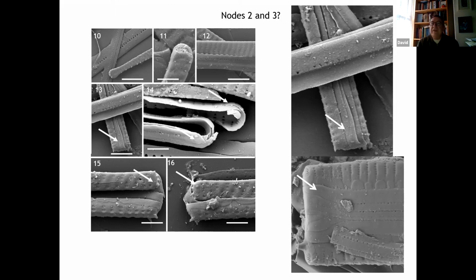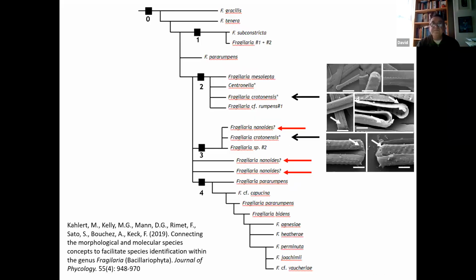So in other words, I think what I've done is not define Fragilaria itself, but found yet another subgroup within it. So I put here that my tenuissima might correspond to node 2 or node 3. Again, it's looking for those peculiar characters that might define the entire group, whereas all I find is ones that define subgroups.